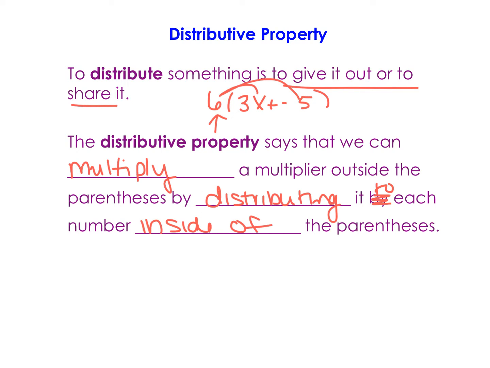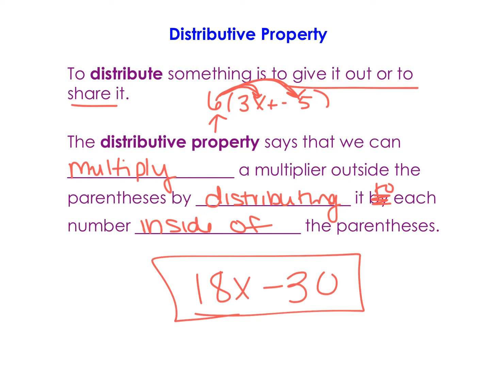So when we took that 6 and we were multiplying it by both values inside of the parenthesis, and we rewrote it as 18x minus 30, that was the act of applying the distributive property to rewrite a mathematical expression.